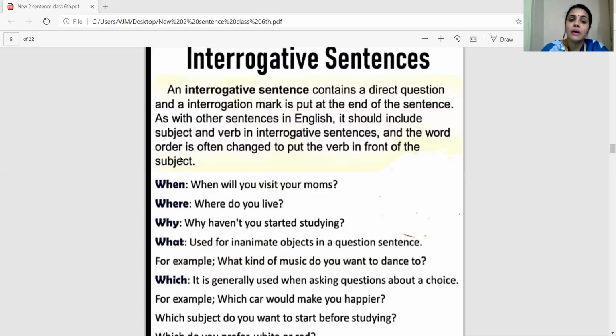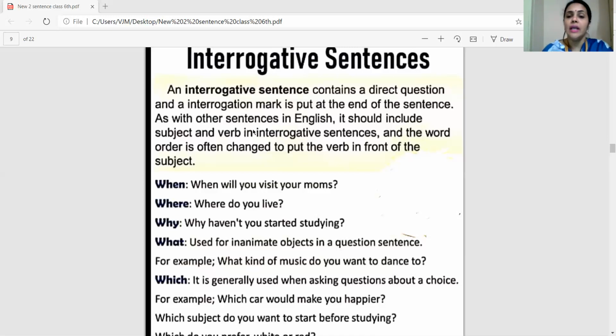And the word order is often changed. Now, why is the word order often changed? Because we have to add a few WH words to frame an interrogative sentence, right? So we add a WH word, then we add an auxiliary, and then we put the subject.